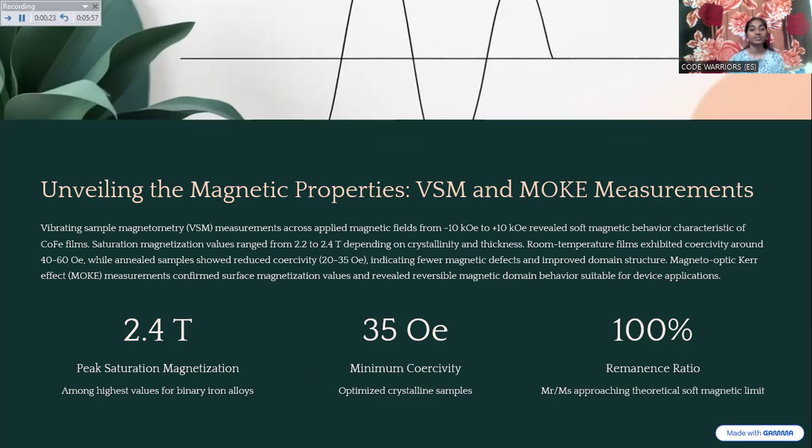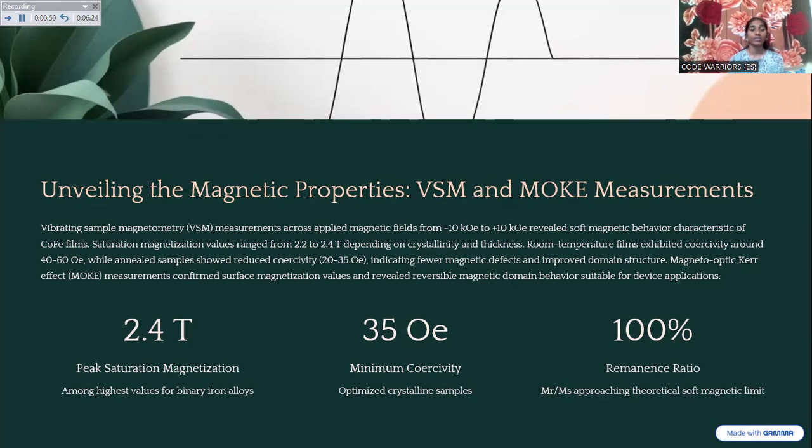Saturation magnetization values ranged from 2.2 to 2.4 T depending on crystallinity and thickness. Room temperature films exhibited coercivity around 40 to 60 Oe, while annealed samples showed reduced coercivity, 20 to 35 Oe, indicating fewer magnetic defects and improved domain structure.